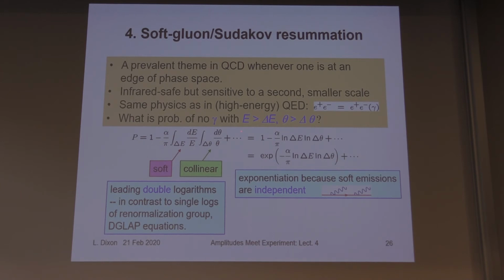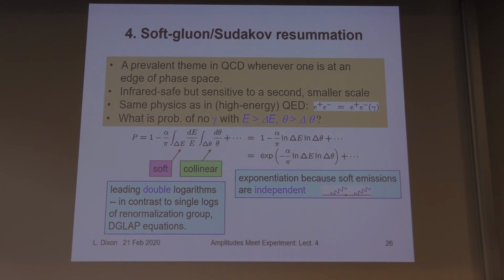Or to be more precise, we'll include photons that have energies only below delta E and angles with respect to the electron only below delta E. When you work out this probability, you get a logarithmic divergence in the energy and another one in the angle. And so you get 2 logarithms with respect to these resolving powers.